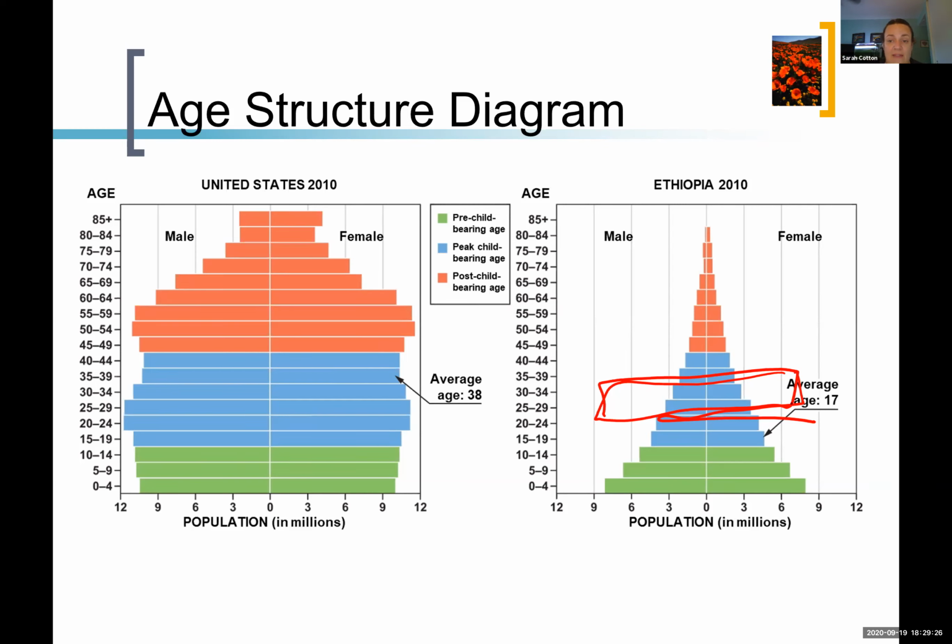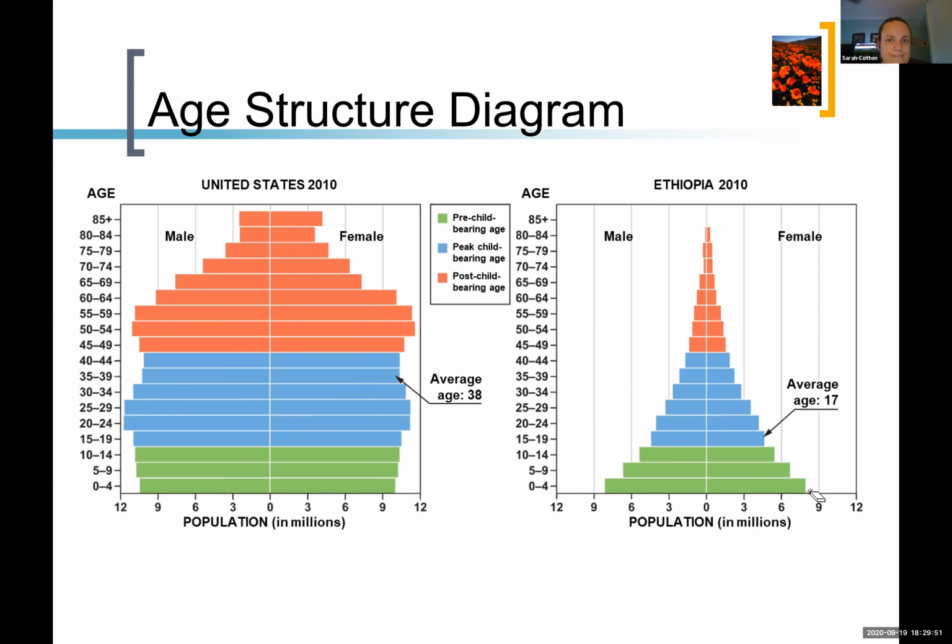And then another 25 years after that, wider overall. So Ethiopia, if we look at this diagram, is currently in a stage where they're experiencing rapid population growth in the future. They're in a period of rapid population growth.